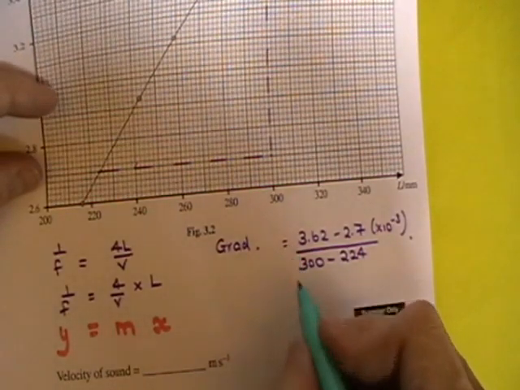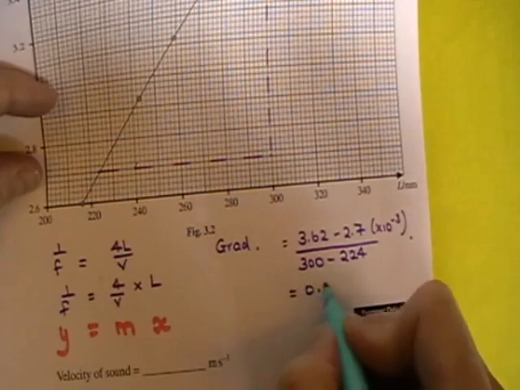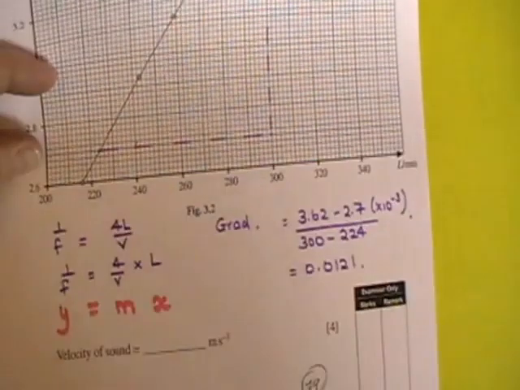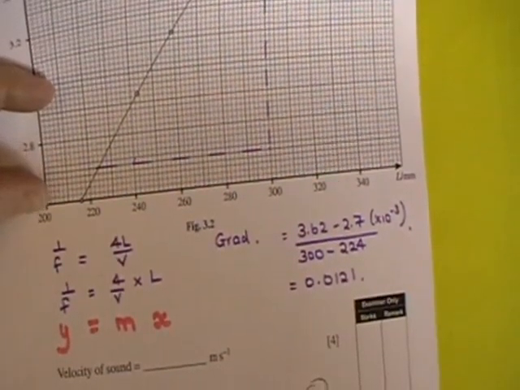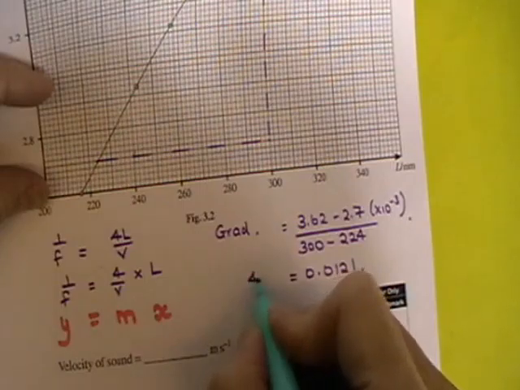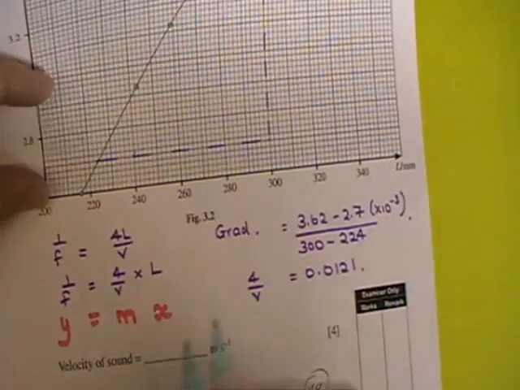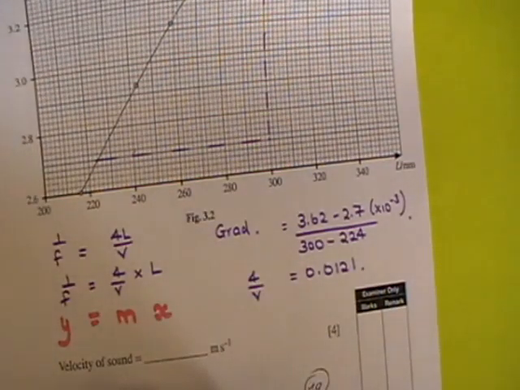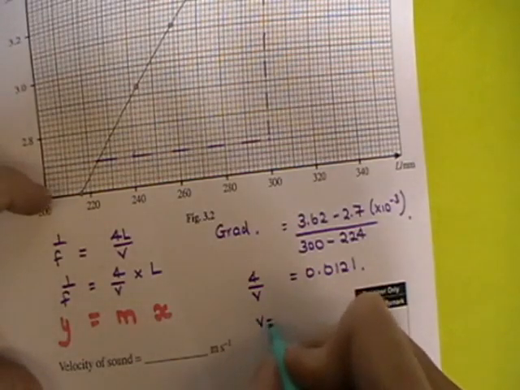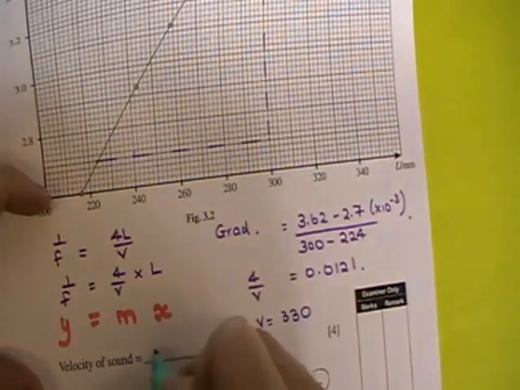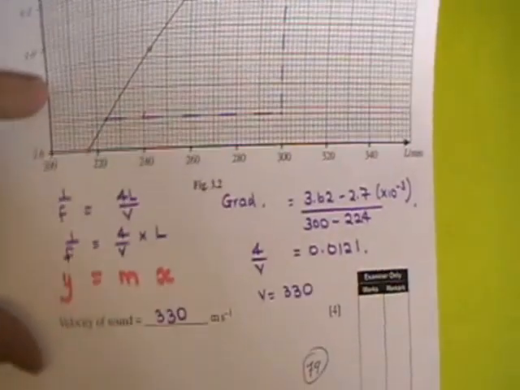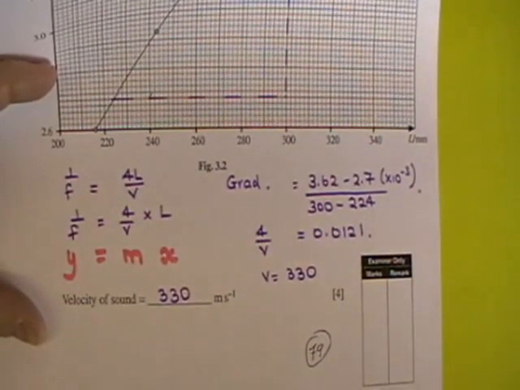So that gives you 0.0121, but we know that this is equal to 4 over v. So v is equal to 4 divided by 0.0121. And whenever you do that, v comes out very well as 330. And that's your answer, 330 metres per second.